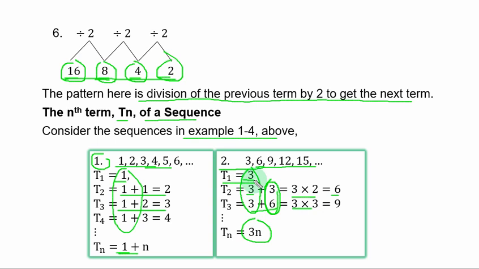When n is equal to 2, you have the second term, 3 times 2. When n is equal to 3, you have the third term. And when n is equal to 5, you have the fifth term. That is 3 times 5 equal to 15.